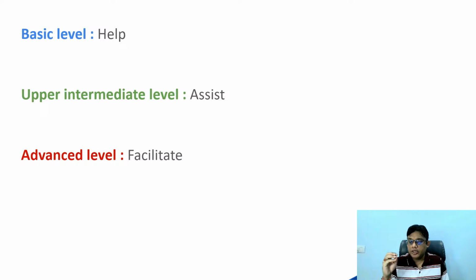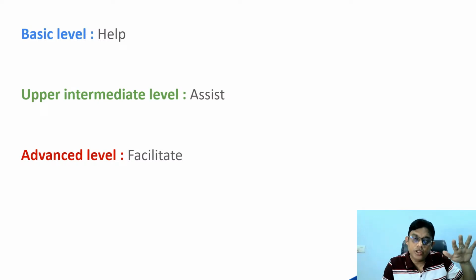Good. Please facilitate to train me. Absolutely. I'll assist my son in reading English passages. Yes, wonderful. From now on, start reducing the usage of the word help and start using better words, assist or facilitate. Good. Next one.